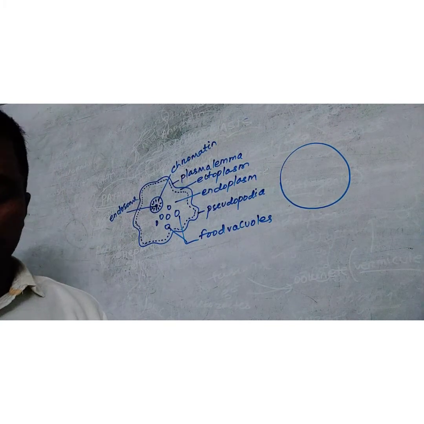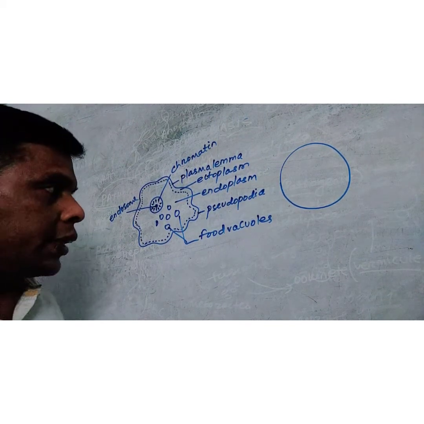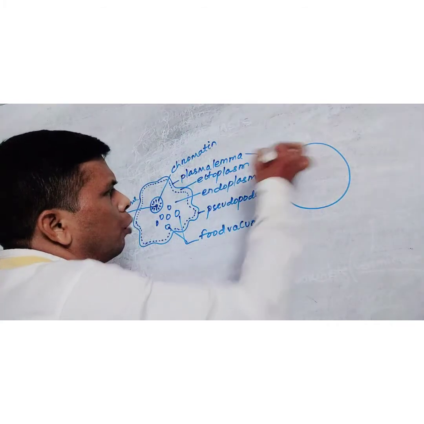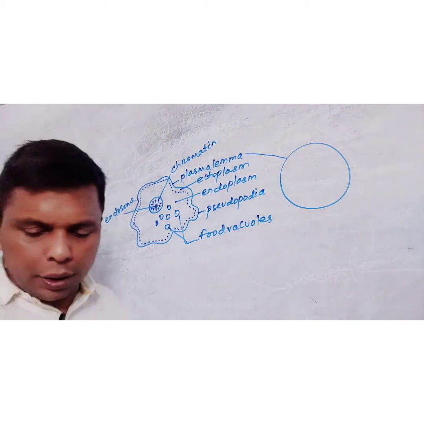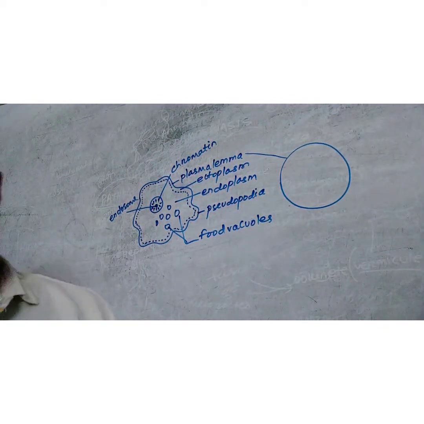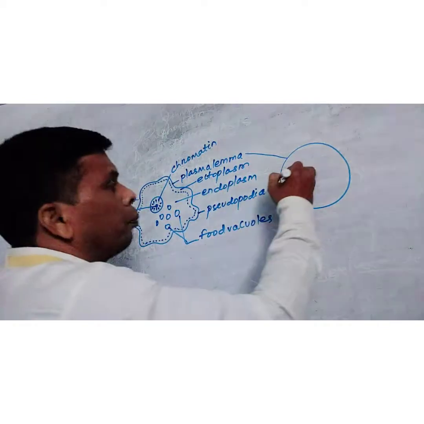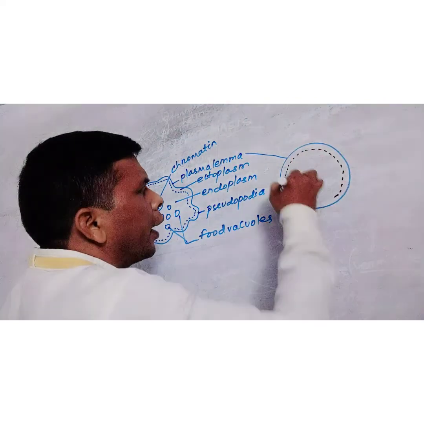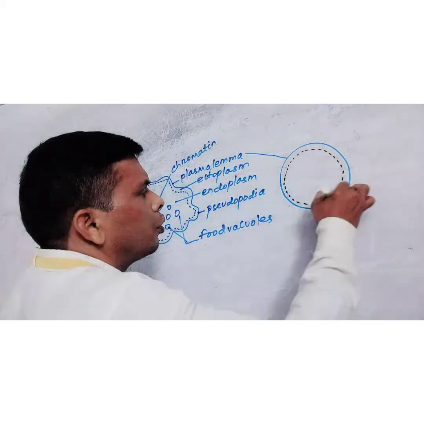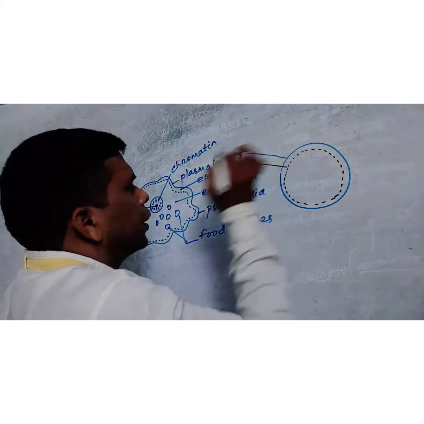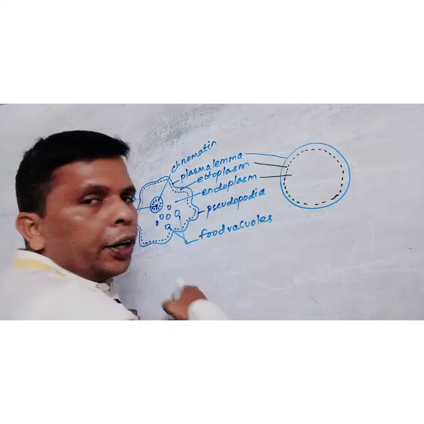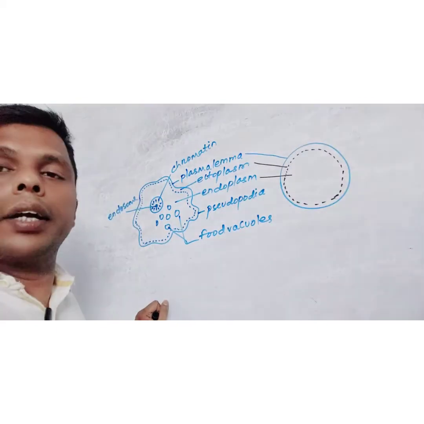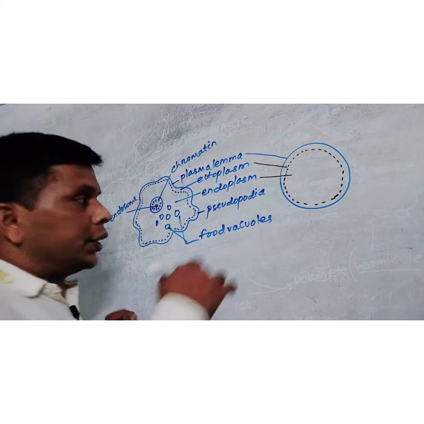When viewed under the microscope, the outer covering is the plasmalemma. Below the plasmalemma there is the ectoplasm, and below the ectoplasm, the endoplasm is present.